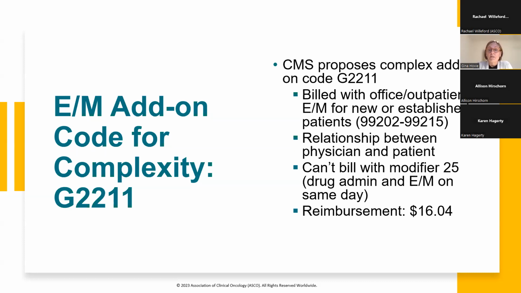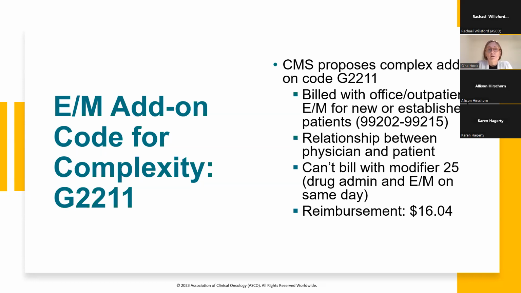G2211 can be reported in addition to a primary E&M service, so 99202 through 99215, any office or outpatient E&M. And it's meant to capture a continuing relationship between a physician and the patient. You cannot bill this code with a modifier 25.